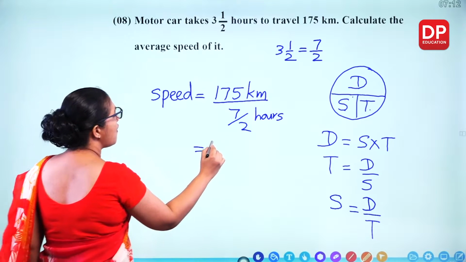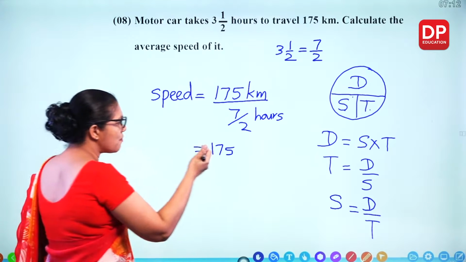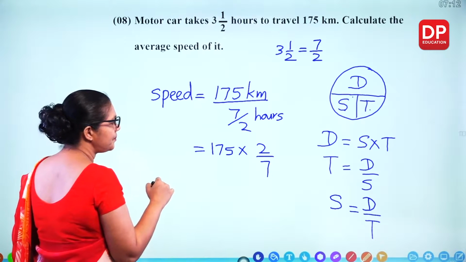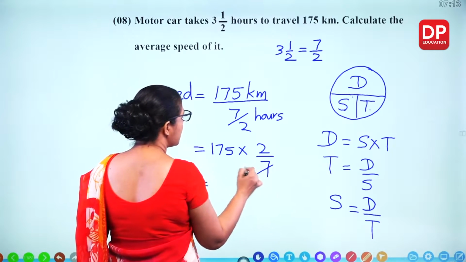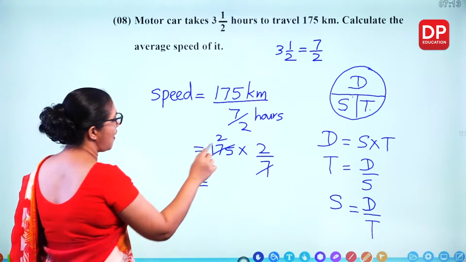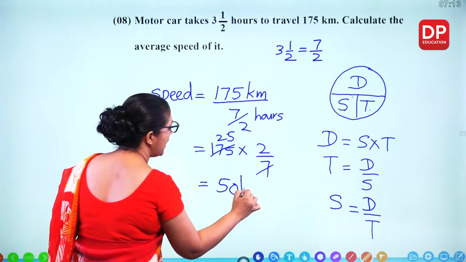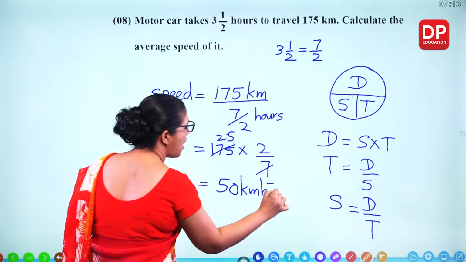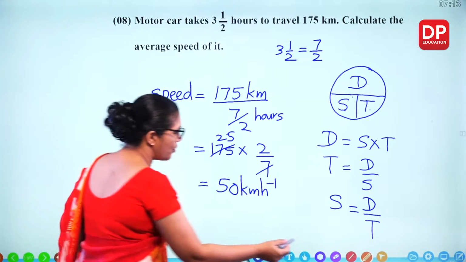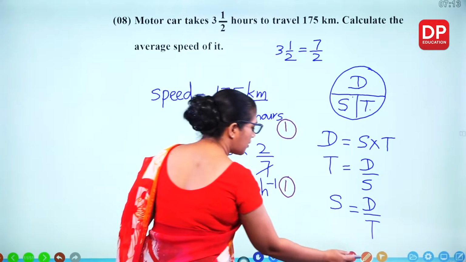What happens when we divide? 175 divided by 7 over 2 becomes multiplication of the reciprocal, 2 over 7. Now, 7 times 5 is 35, so 25 times 2, 50. 50 kilometers per hour. So, that's the average speed. You get 2 marks here, 1 mark and 1 mark for the method.